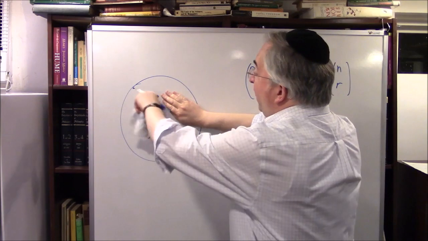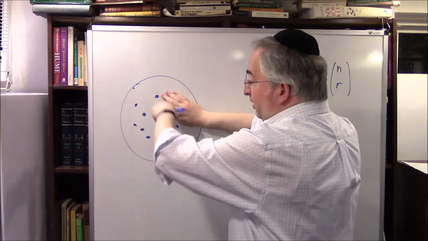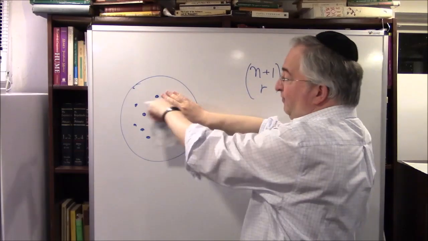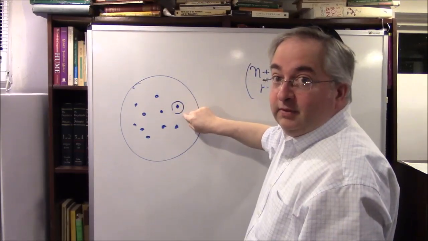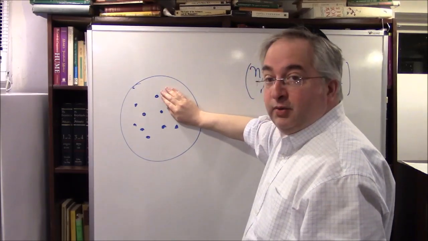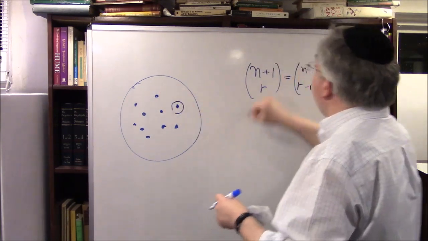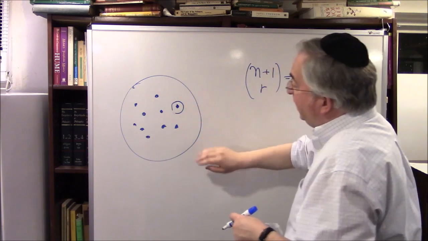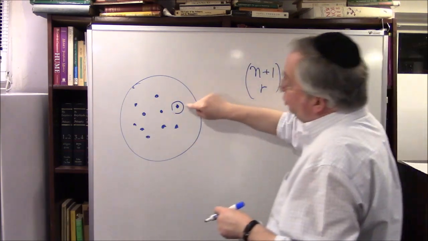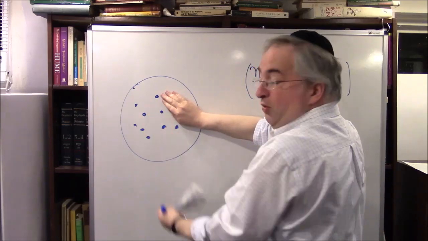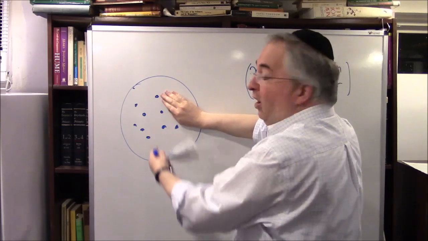Well, answer, I have n left over, and I want to choose r minus 1 of them, because I already have one of them. That's one possibility. So, if I want to have n plus 1 guys, one possibility is choose this one, and then from the rest you have n balls left, and you want to choose r minus 1 of them.